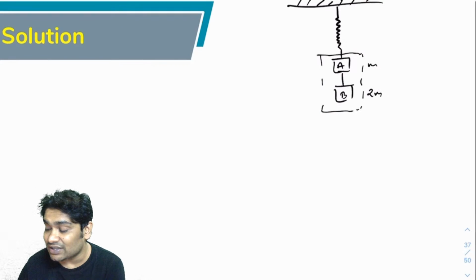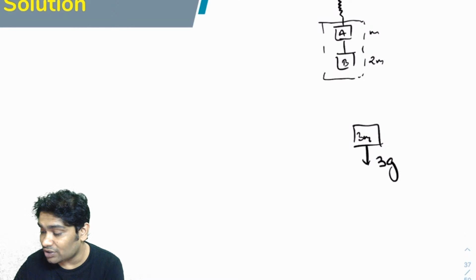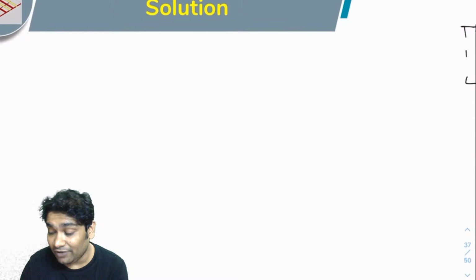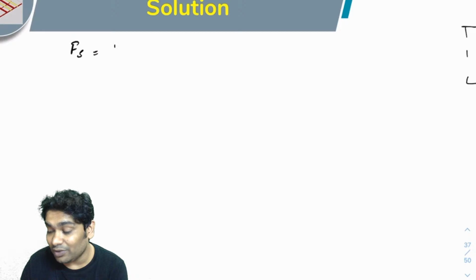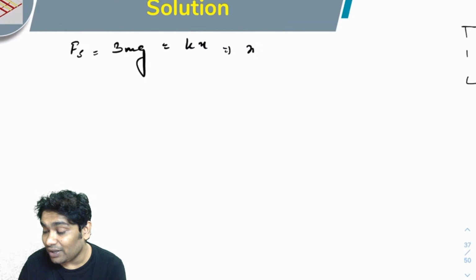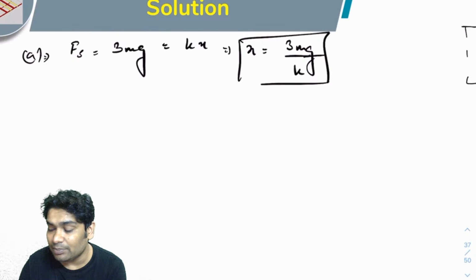So I have a 3m block which would feel a 3mg force downward, and it will feel a spring force upward. So for equilibrium, the spring force would be equal to 3mg, and spring force is equal to k times x, where x is the extension in this spring. So from here, x would be 3mg over k. So that is the answer for your part A. That is very, very simple.